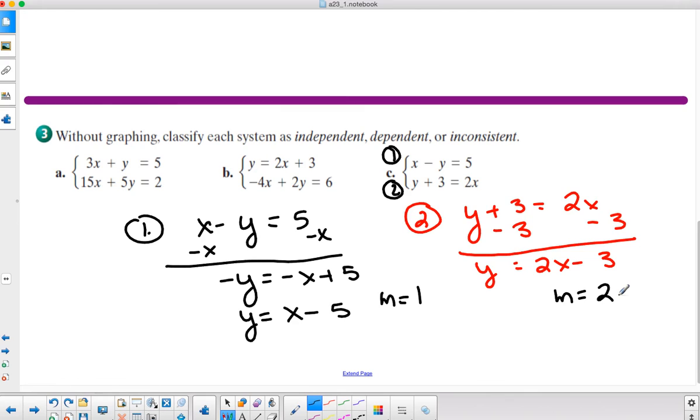So since the slopes are different, we can automatically say that this is an independent, sorry, the marker got a little bit crazy on me. That doesn't even look right. So I'm just going to abbreviate. This is an independent system.